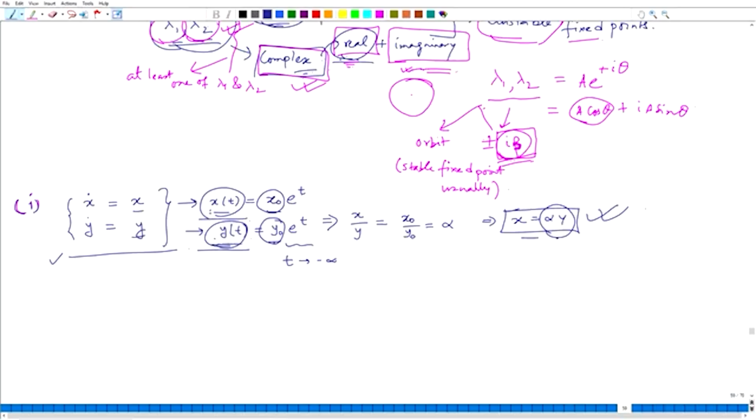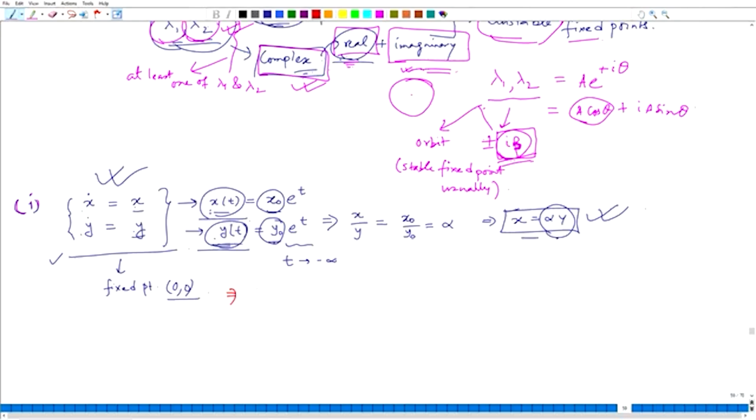However, if you see the equations of dynamics, the fixed point is at x equal to 0, 0. At 0, 0 you have simultaneously x dot equal to 0 and y dot equal to 0. So, what is the conclusion?